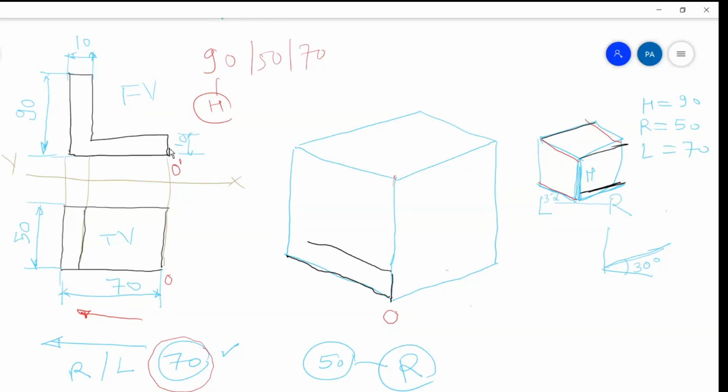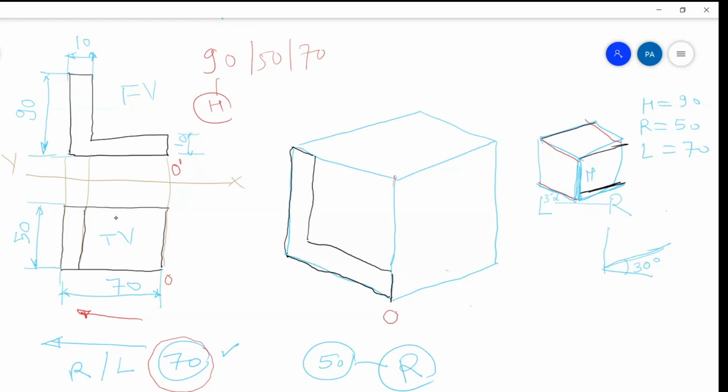This line is perpendicular to the earlier line, and what is the length? Length is 90. So 90 is the entire length. Then this also runs perpendicular till the top, and then this line is again perpendicular to both these lines. So it means this.